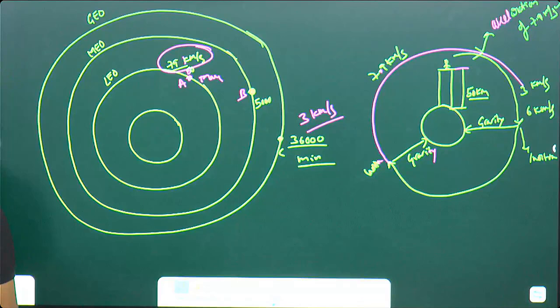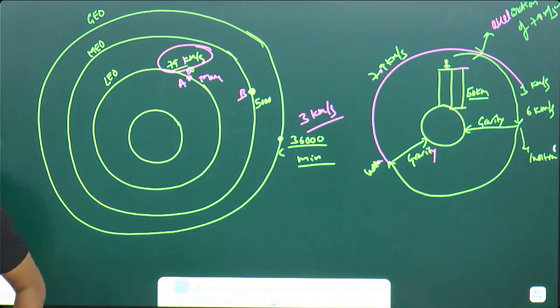Therefore, while launching the satellites, they are given a high speed that balances gravity. Next point.